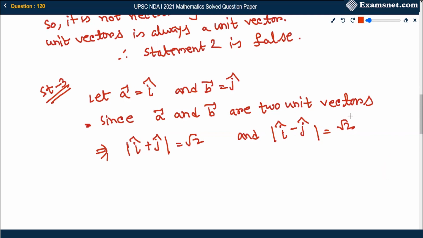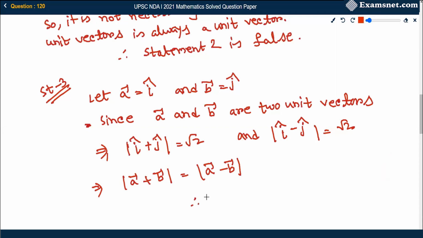Okay, so here the mod of the sum vector is equal to the mod of the difference of these two vectors. So it doesn't imply that the magnitude of sum of two unit vectors is greater than the magnitude of their difference, because we can see they are same.